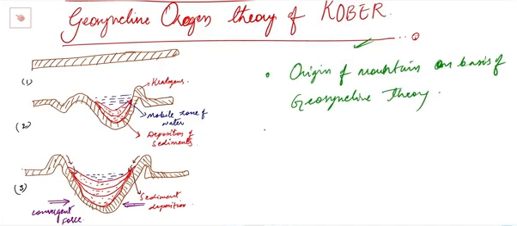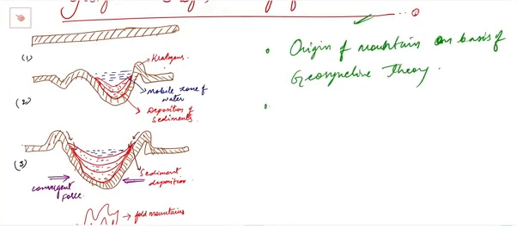So this is what he initially said, and according to him, there is a mobile zone of water, which we can see from the diagram above. See, this is a mobile zone of water, and it also has sedimentation under it.